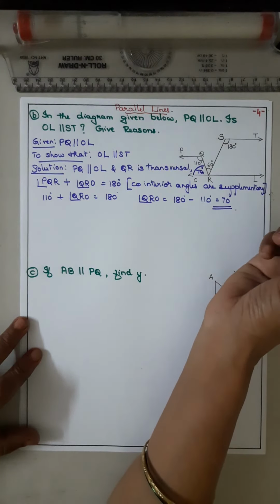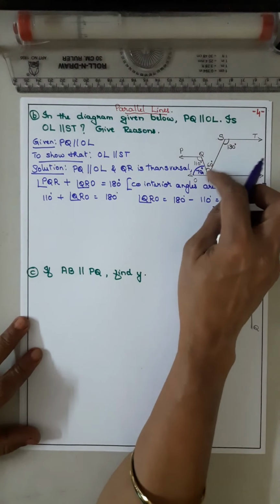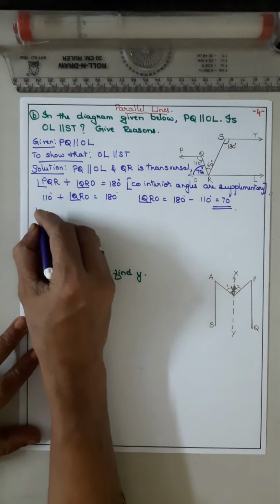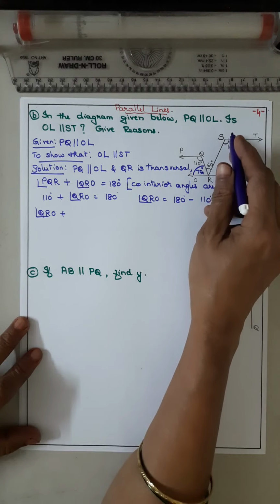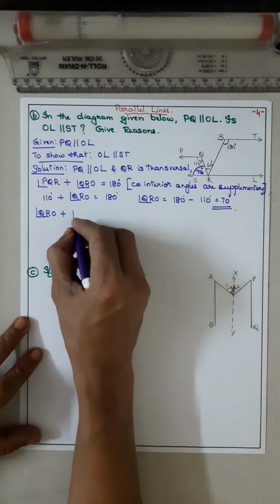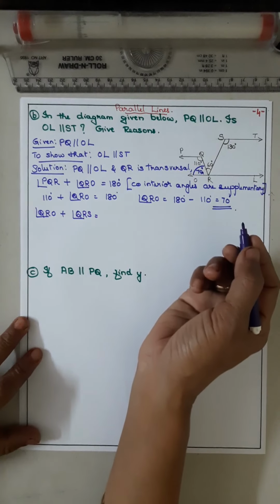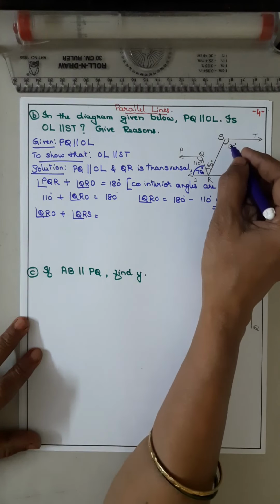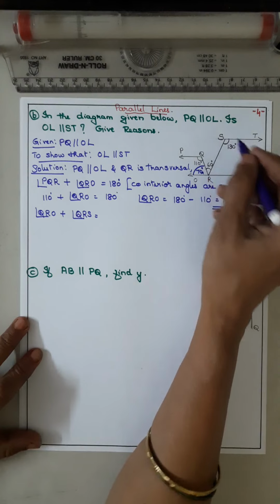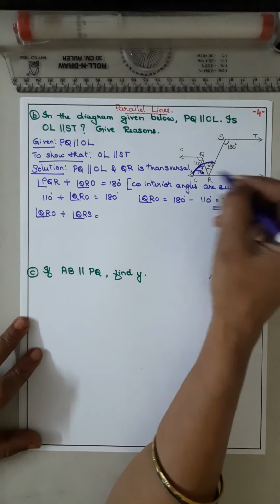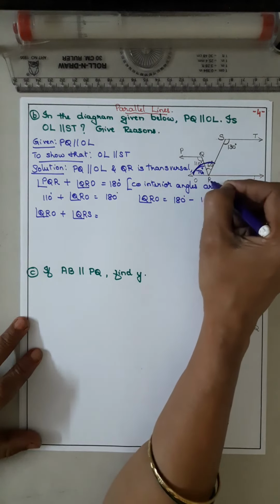Now, add these two: angle QRO plus angle QRS, which is the full angle ORS.